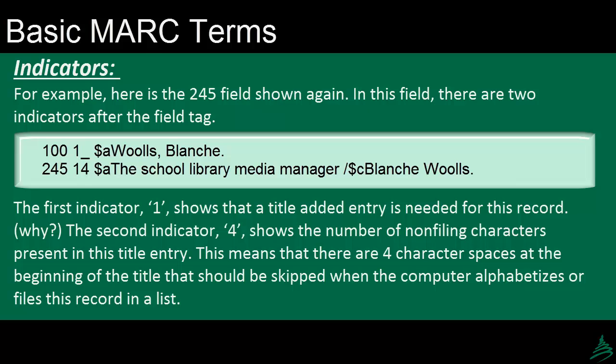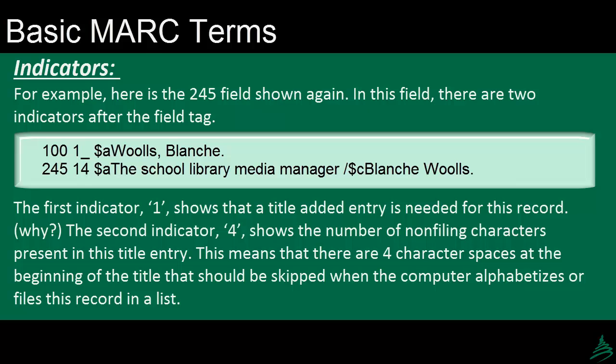And there was a discussion on the listserv just recently as to why the first word in their title, subfield A, was cut in half. Well, there was a 4 in that second indicator, but there was no article such as the word the. So if you pretended that the word the wasn't in that 245 and you still had a 4 there, you're telling the computer to skip the first 4 letters of the word school.